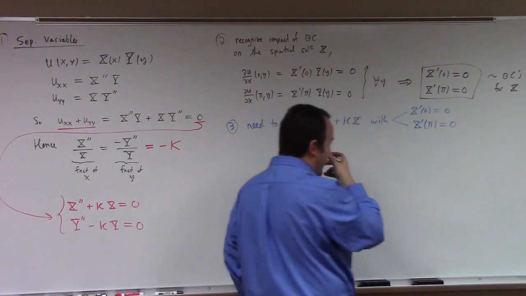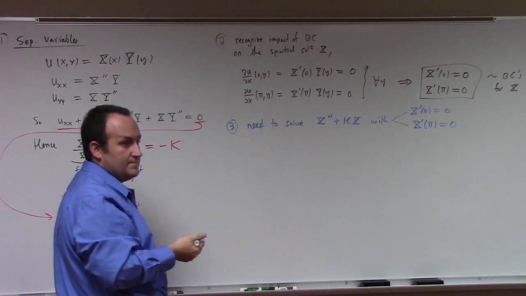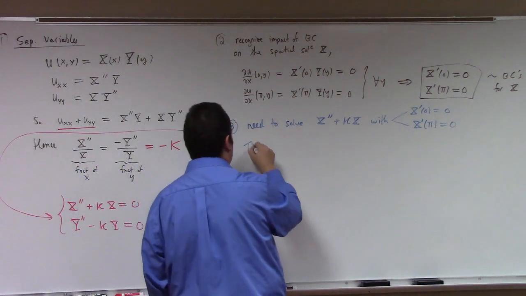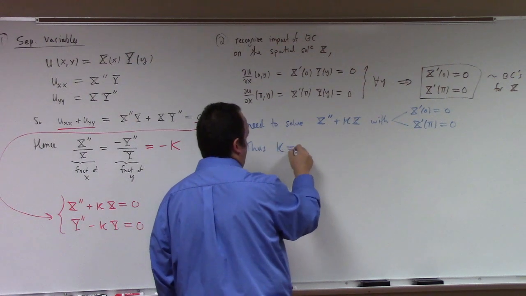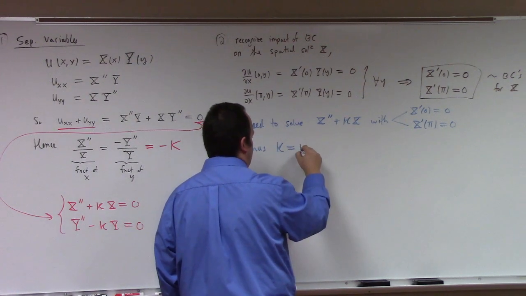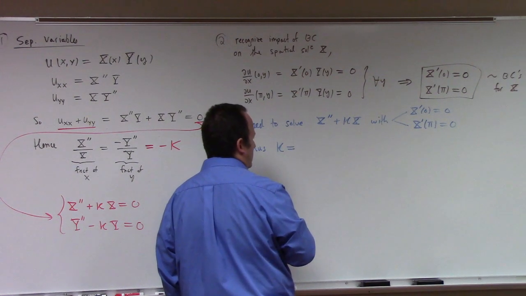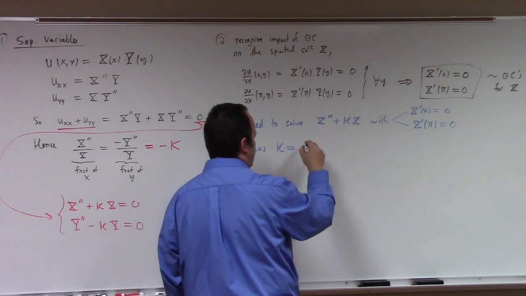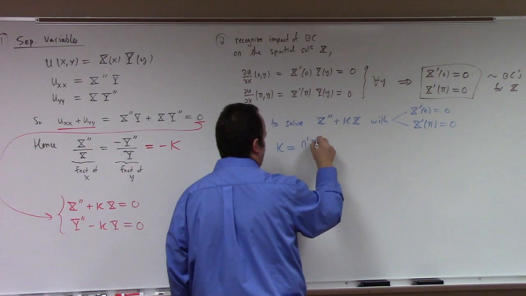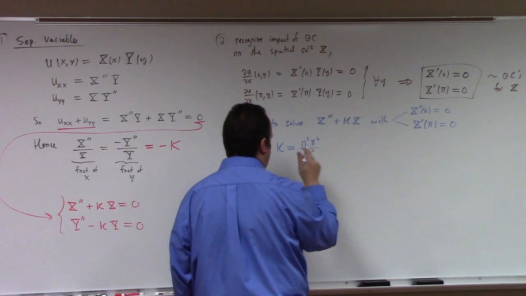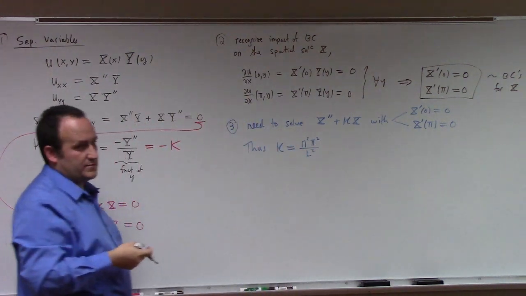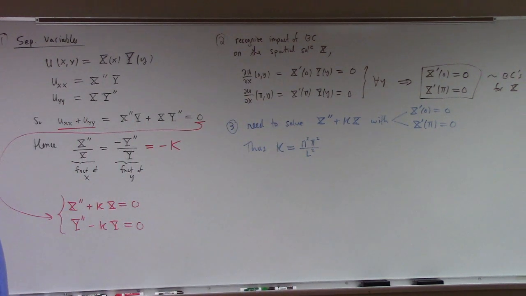We did this before, and we figured out that k has to be what? As I recall, k equals n squared. Well, what was it more properly? How did it go? n squared pi squared over L squared? Right? I know it's been a little while since we did this, but isn't that right? n squared pi squared over L squared.